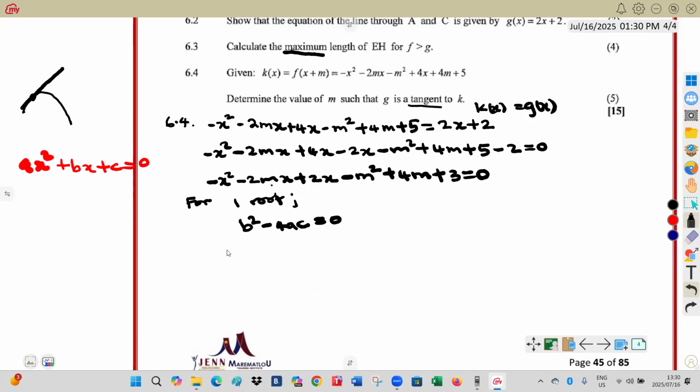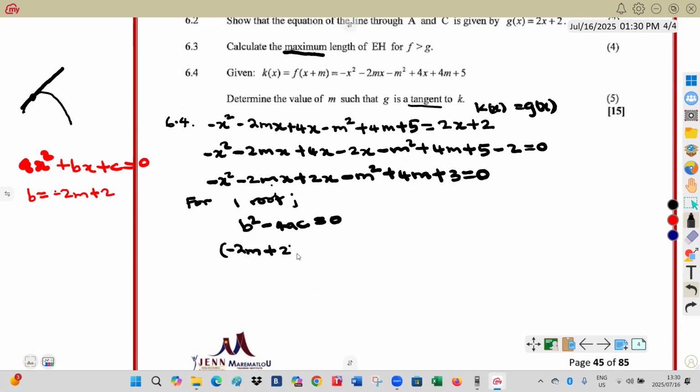It's minus 2m plus 2. So if we check from what we have in our equation, our b is equal to minus 2m plus 2.